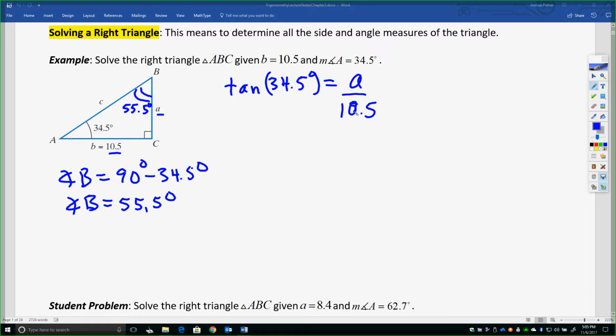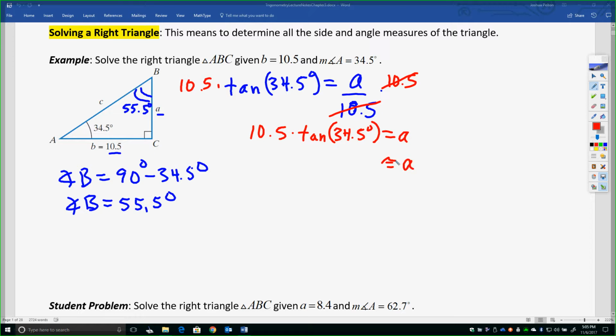In order to solve that, I have to multiply both sides by 10.5. As a result, it cancels. So 10.5 times the tangent of 34.5 degrees equals a.